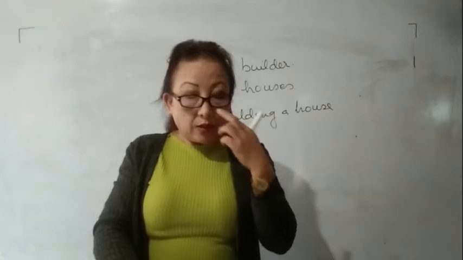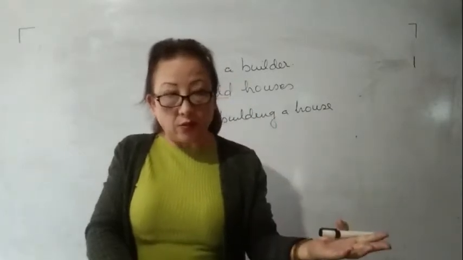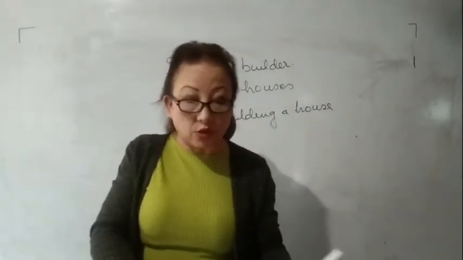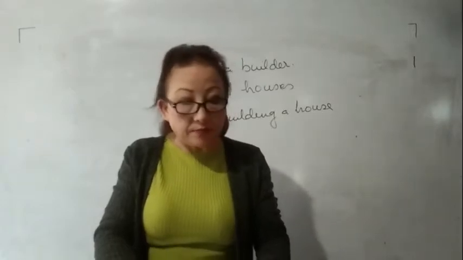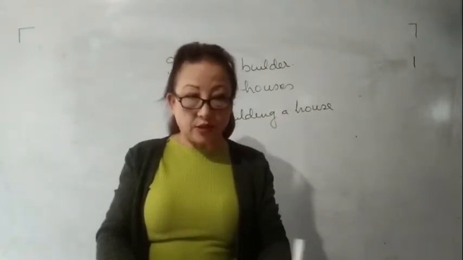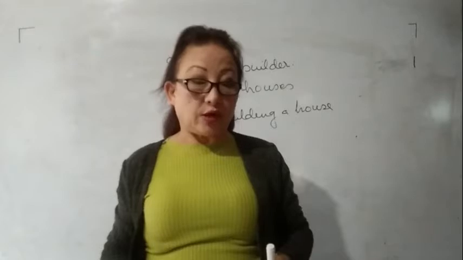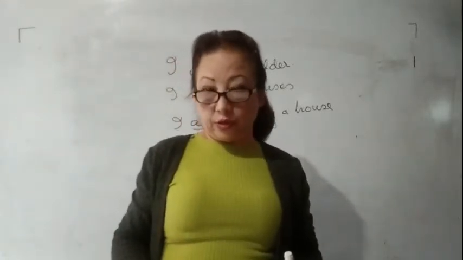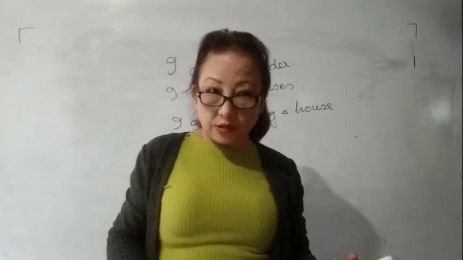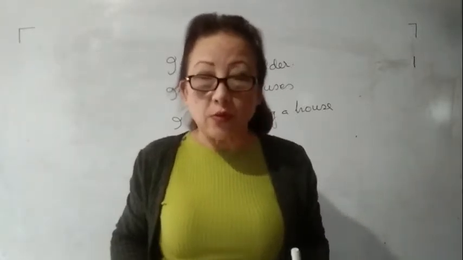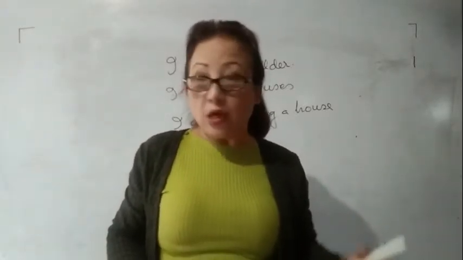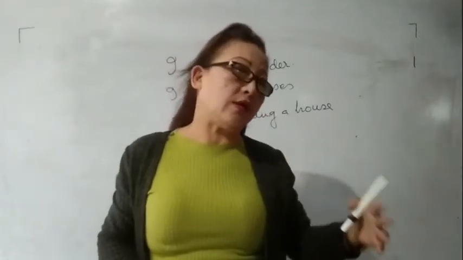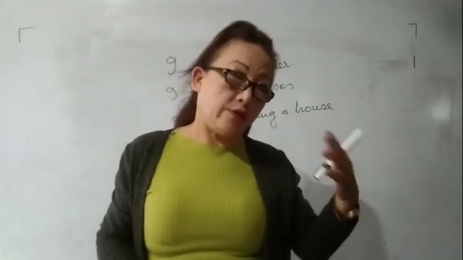On the other hand, we use the present continuous tense to talk about changes, developments, and trends. How do we use that? We say the earth is changing due to global warming. When I say the earth is changing due to global warming, that is, it keeps on changing regularly.